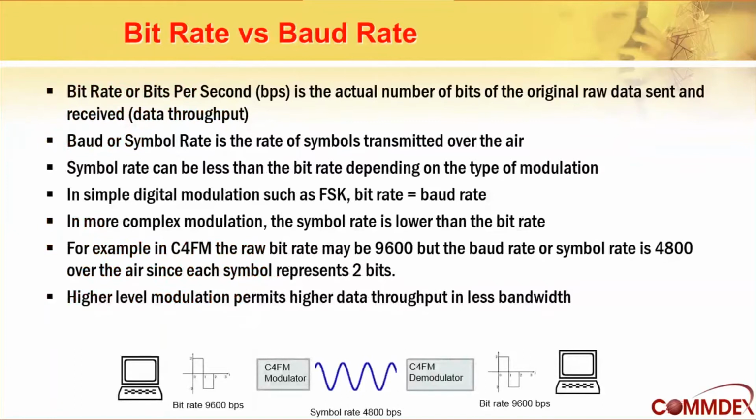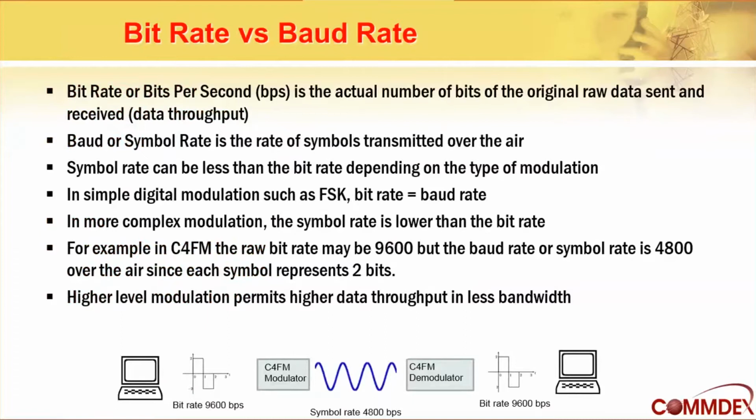Let's talk about 2 terms that often get confused: bit rate versus baud rate. So bit rate is bits per second, the actual number of bits, also known as the raw data rate, sent or received. Baud rate is different because it represents the rate of symbols transmitted over the air.